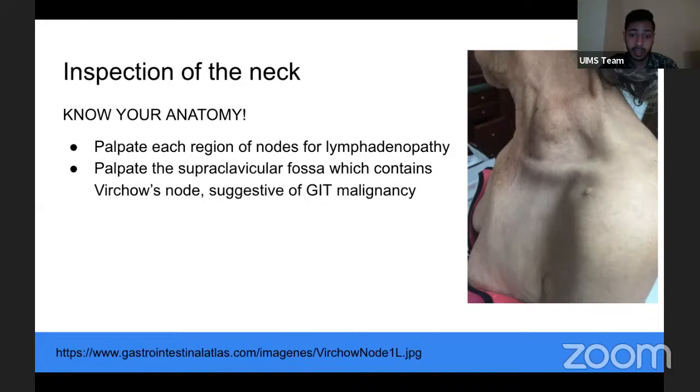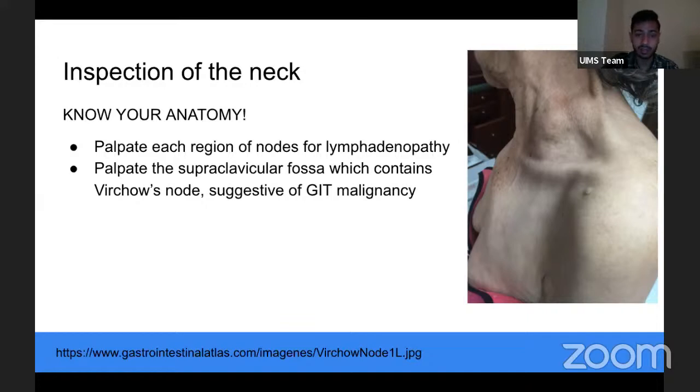The supraclavicular fossa contains Virchow's node, and enlargement of Virchow's lymph node, as you can see in the image here of this lady, is usually the first clinical sign of metastatic intra-abdominal malignancy, most commonly gastric cancer.